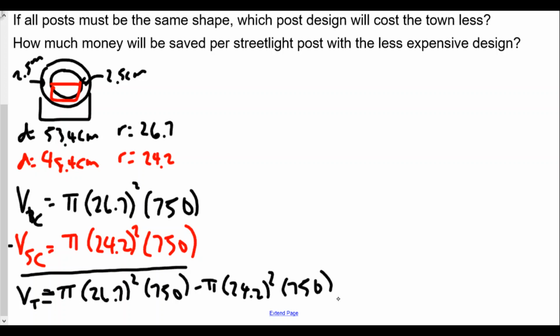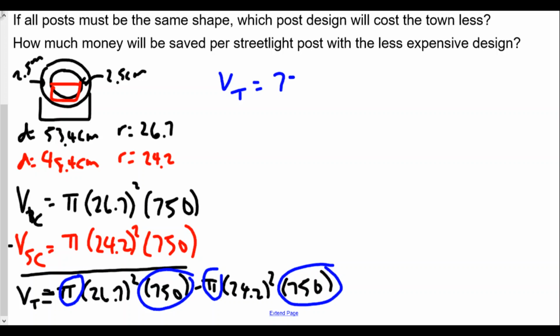To make it easier for ourselves, we see in this case they both have pi and they both have 750. So we're going to factor this out. And so the greatest common factor will be, so volume total of the cylinders will be 750 pi times 26.7 squared minus 24.2 squared. And I do it this way instead of typing the whole thing out. It's much easier when I type it in the calculator.